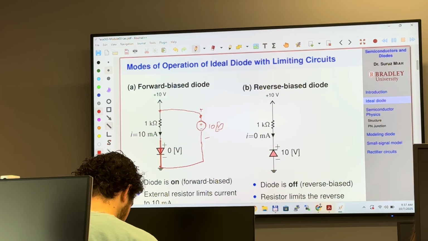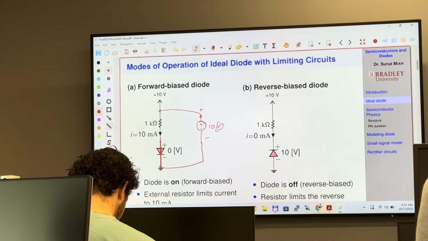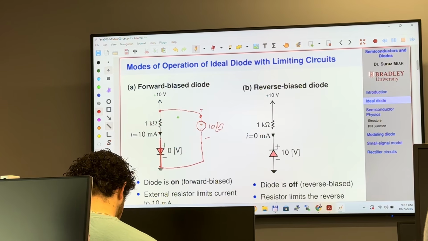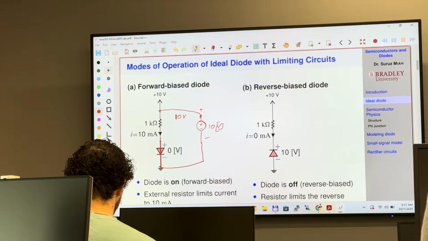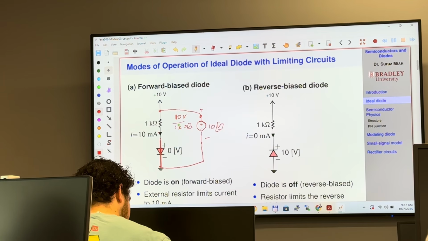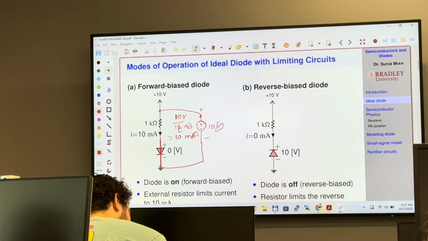All right. Because it's a piece of wire, you can just think of the current flowing through this resistance as the voltage, which is 10 volts, over a 1 kilo ohm resistance. So it is going to be 10 milliampere current.